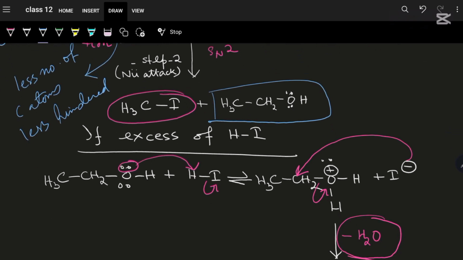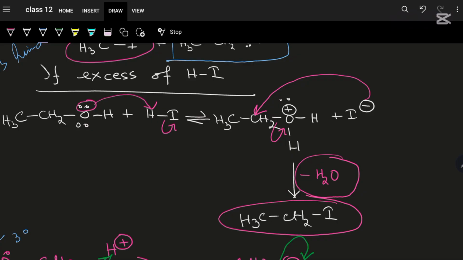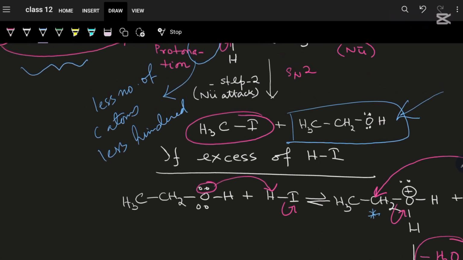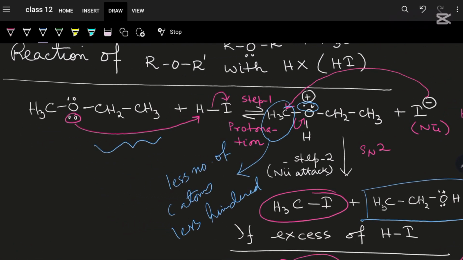So CH3I and CH3CH2OH are getting formed. If excess of HI is used, then this alcohol will again get protonated to form oxonium ion. Then again I minus will attack here and water will be eliminated, dehydration, and you finally get CH3CH2I. So it depends, if there is excess of HI then you will get this.